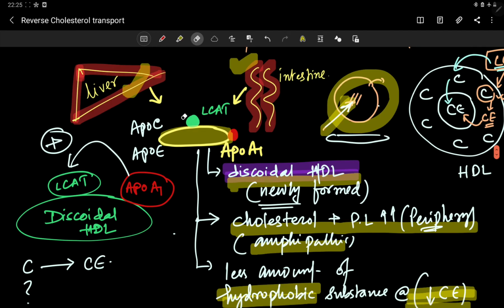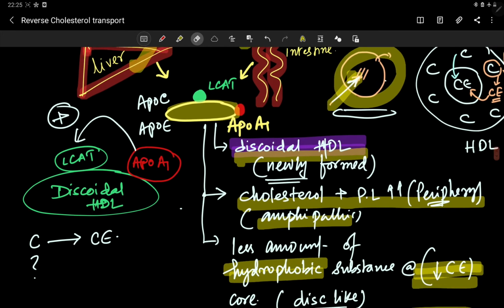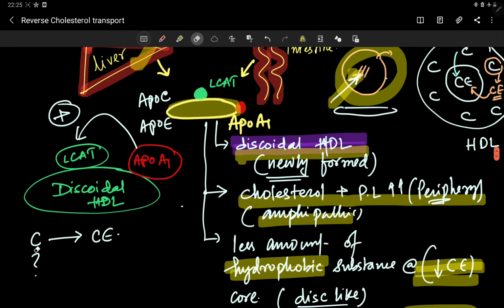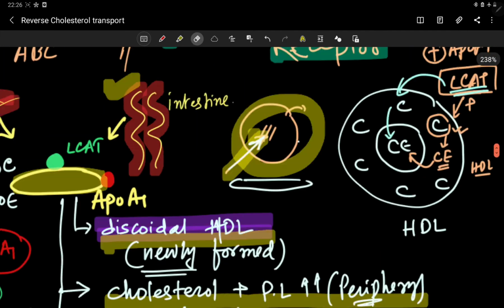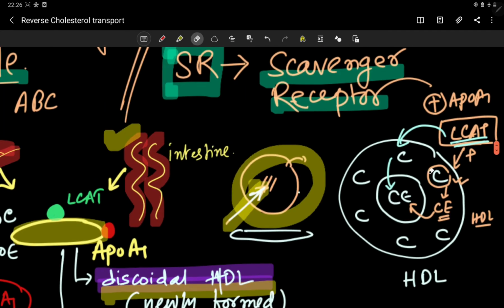Now your LCAT is there, ApoA1 is also there. ApoA1 is activating your LCAT enzyme. Now if ApoA1 is activating your LCAT, then what happens? LCAT converts the cholesterol into cholesterol ester. The cholesterol located at the periphery of the HDL is now moving towards the core of the HDL in the form of cholesterol ester.